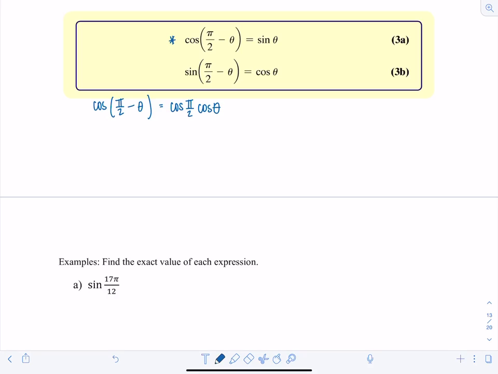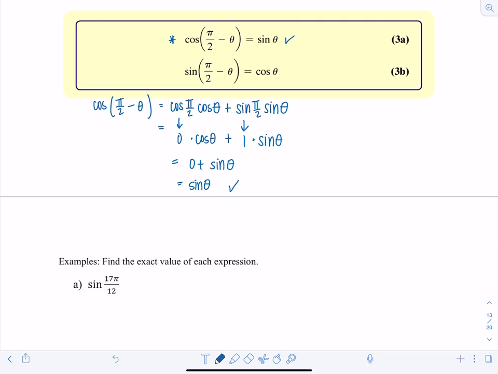And then switch the sign, so plus sine of pi over 2 sine of theta. Now cosine of pi over 2, that's 0, times cosine theta, plus sine of pi over 2 is 1, times sine theta, so that's 0, plus sine theta, which is sine theta.